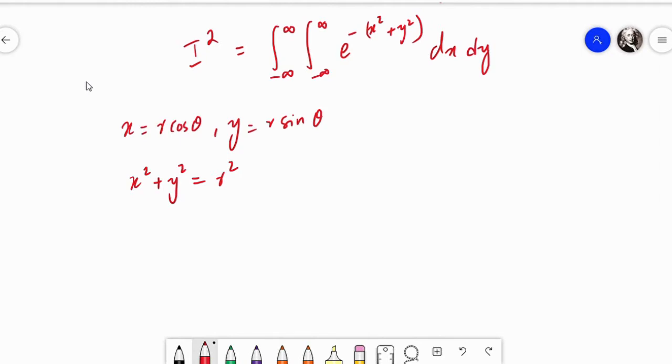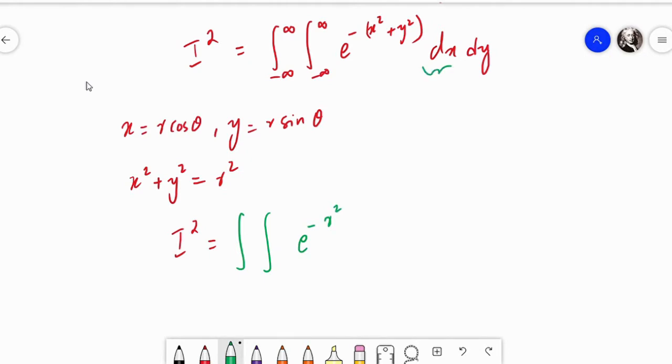So let me substitute this here. We again have integration over two integrals, but now we write e to the minus r squared.